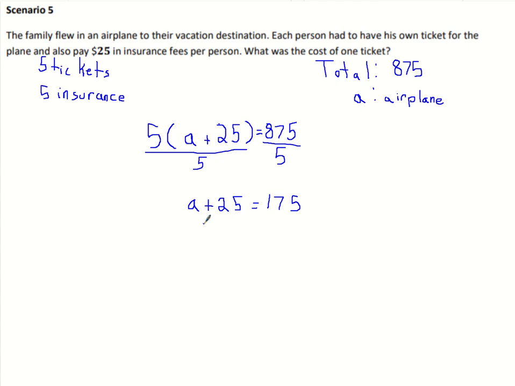I don't care about them right now. I only care about my ticket. So let's take away the insurance fees so that we're only focusing on the cost of my ticket. When I subtract 25, 25 minus 25 gets rid of that like I wanted. And then I find out that my airplane ticket is going to cost $150. Our airplane ticket costs $150.